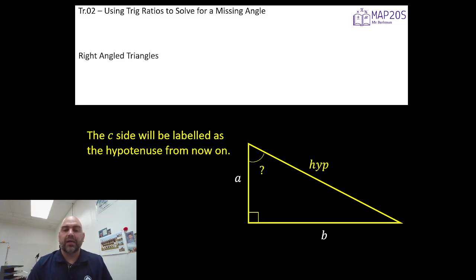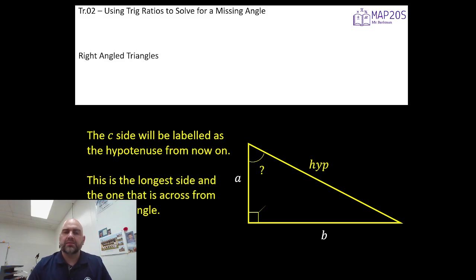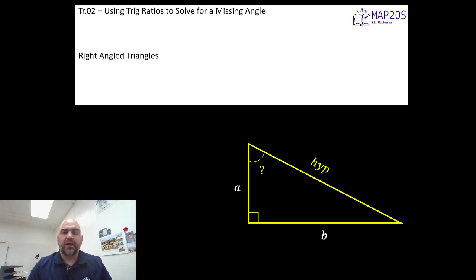It's going to represent the hypotenuse. The hypotenuse is always the longest side and the one that is across from the right angle. So this is the side that is not attached to the right angle. It's very important that we understand that. That is our hypotenuse.